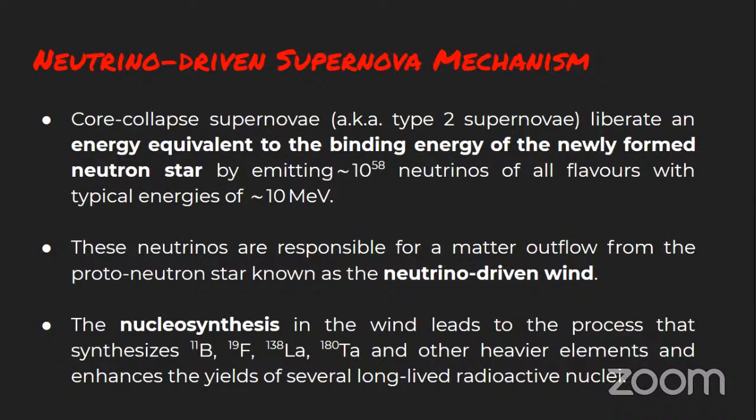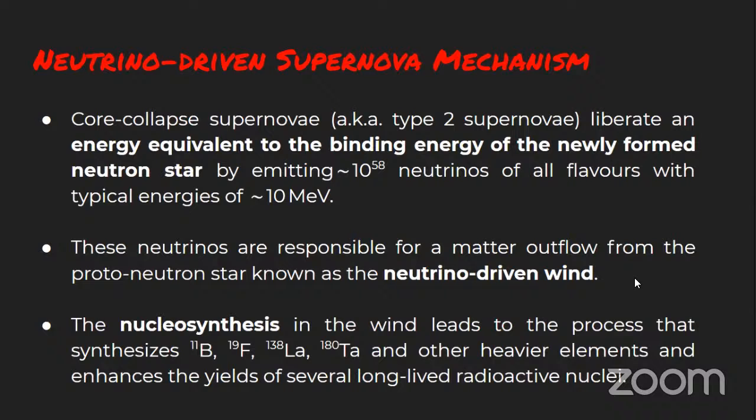And this happens in a very small span of 10 seconds. This high energy burst of neutrinos transfer most of its energy to the surrounding materials, and these outer layers get blown off, and this matter outflow is termed as neutrino-driven wind.